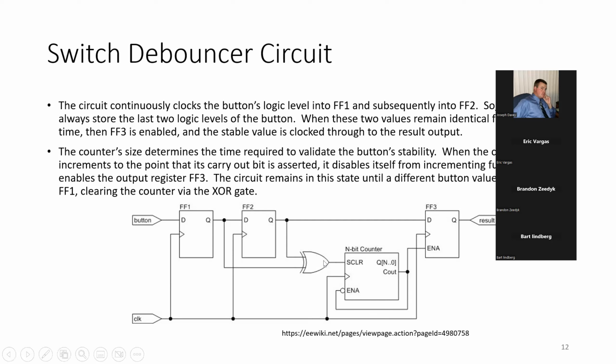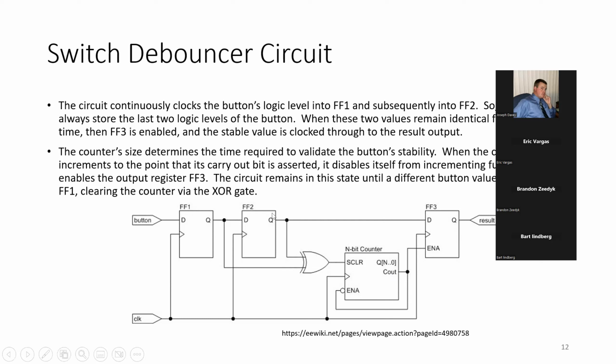So whenever I have those two, Q0 and Q1, identical, I have here output 0, S clear is not asserted, so I will start counting. When I reach the terminal count, I am enabling my D3 to go to Q3.